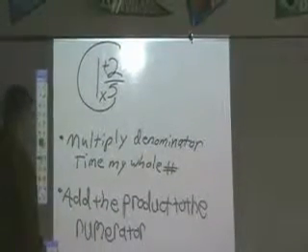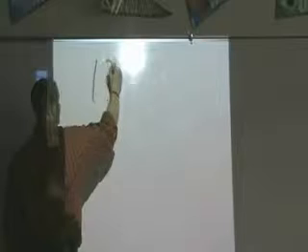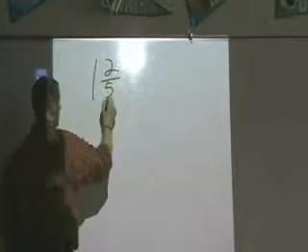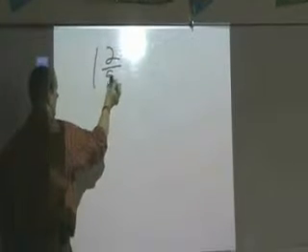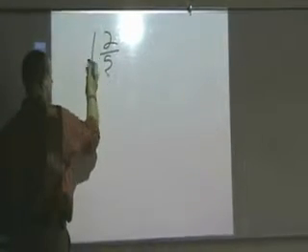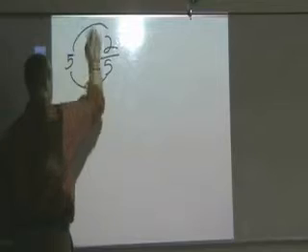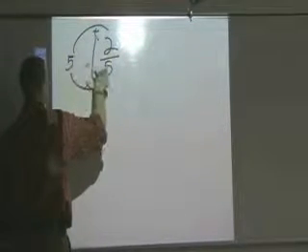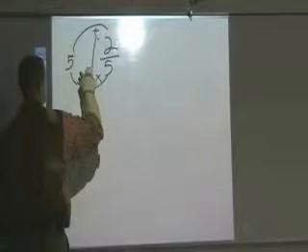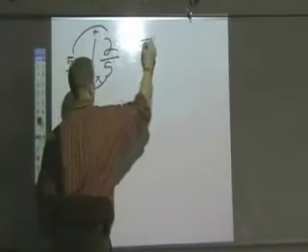Let's go to the new slide. I have 1 and 2/5. So I'm going to make this mixed number into an improper fraction. I'm going to multiply my denominator times my whole number. So 1 times 5 equals 5. I'm then going to add it to my numerator. So 1 times 5 is 5, plus 2 is 7.